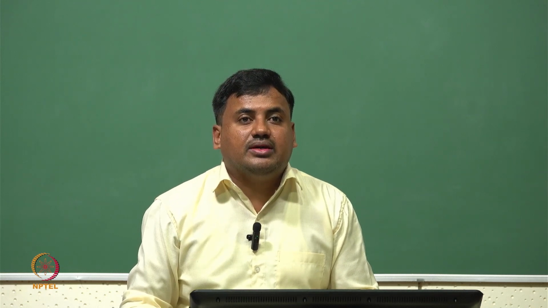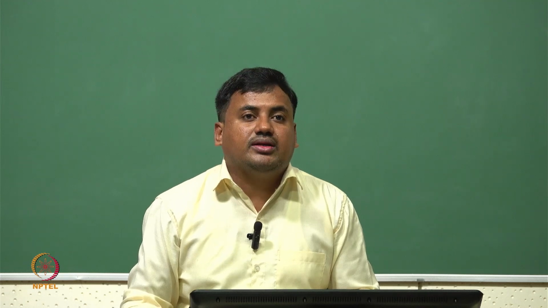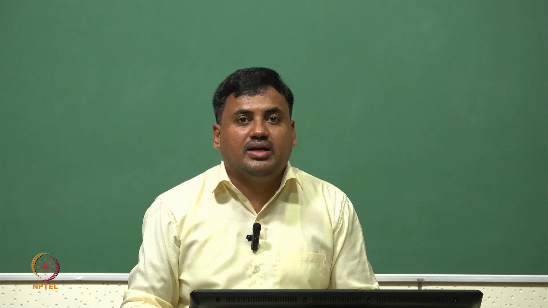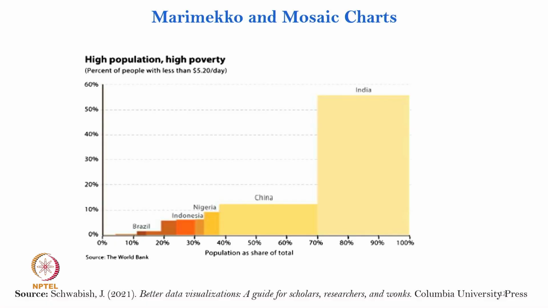This kind of chart scales the width of the bars in a bar chart corresponding to another variable. The color can be used to highlight specific values. As you can see in the example, with high population and high poverty, you can see how it's been compared with different colors, summed up with the individual countries.